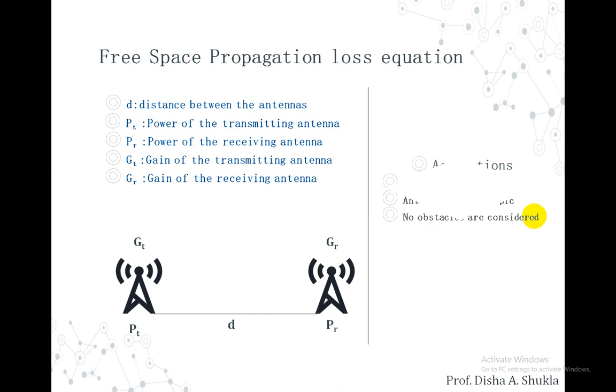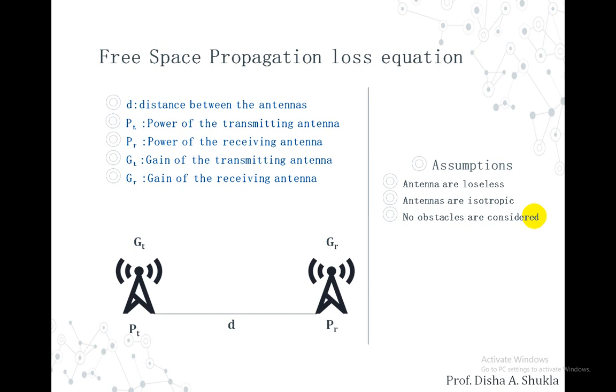Moving on, we have these assumptions: first, that the antennas are lossless, that is, all the antennas we are using are ideal antennas. What do I mean by that? Ideal antennas do not incur any kind of loss, and the transmission they do will be received equally.